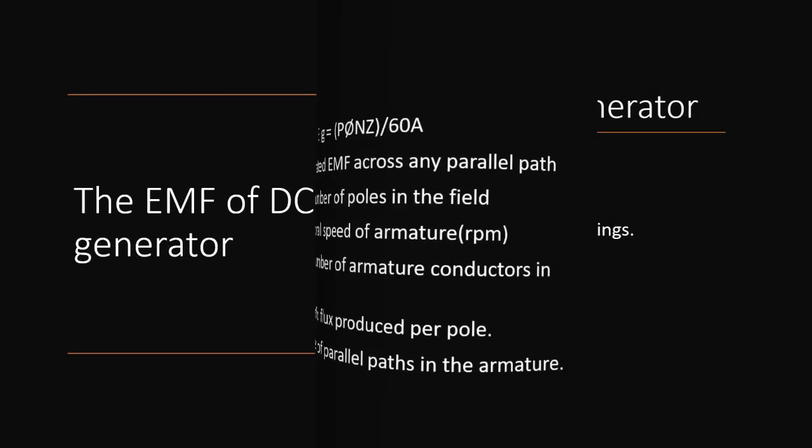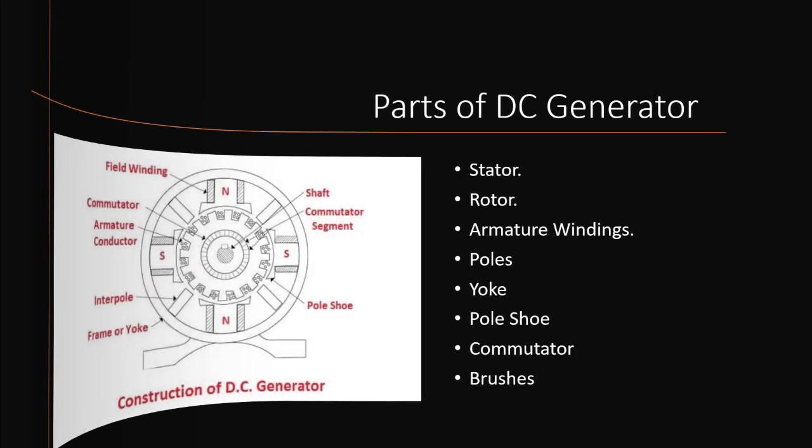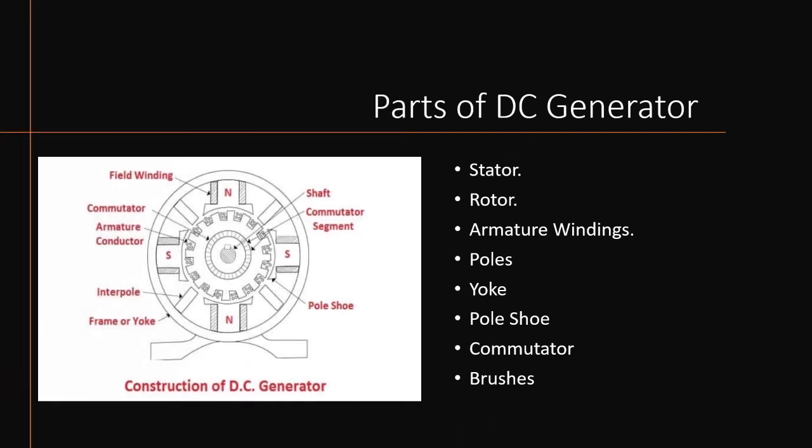Main parts of DC generator are stator, rotor, armature windings, poles, yoke, pole shoe, commutator, brushes.